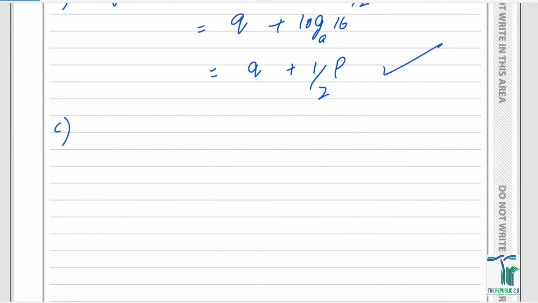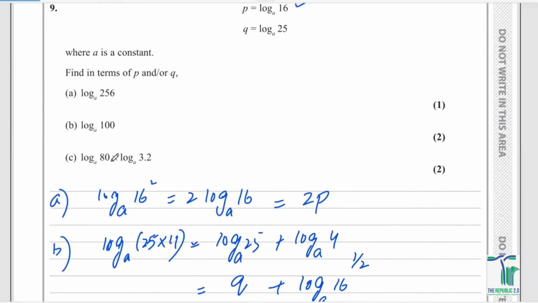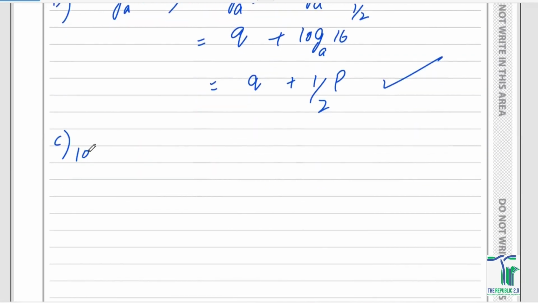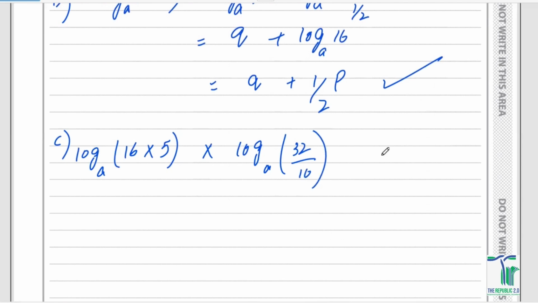Similarly, for the C part, you'll be having log base a of 80 times log base a of 3.2, and you just need to work it out. So 80 can be written as 16 times 5. And 3.2 can be further written as 32 divided by 10.